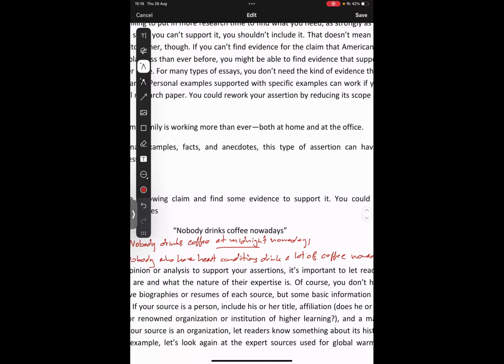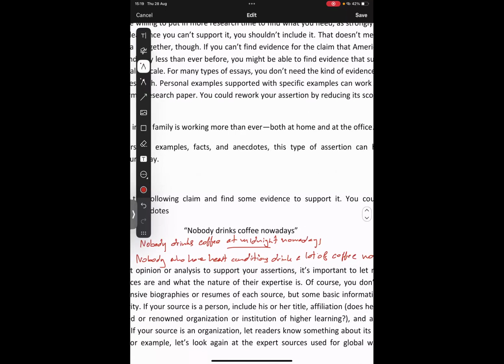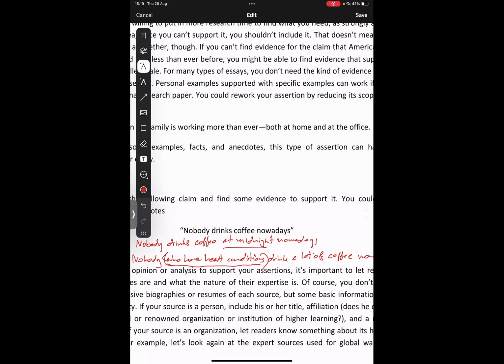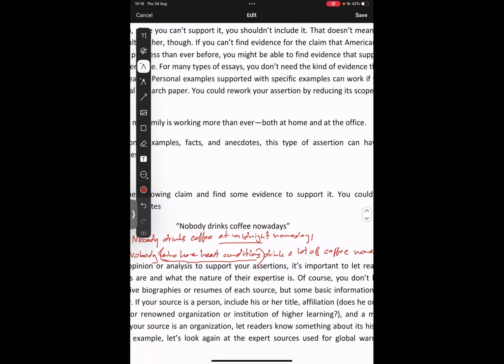Okay, now this again is more acceptable than the original statement. So what I did is that I add a relative clause just to specify the type of people, right? Nobody who have heart conditions drink a lot of coffee. This is more likely to be true because people who have heart conditions probably want to avoid caffeine, because caffeine can increase the heart rate, and it can put them at risk of heart failure.